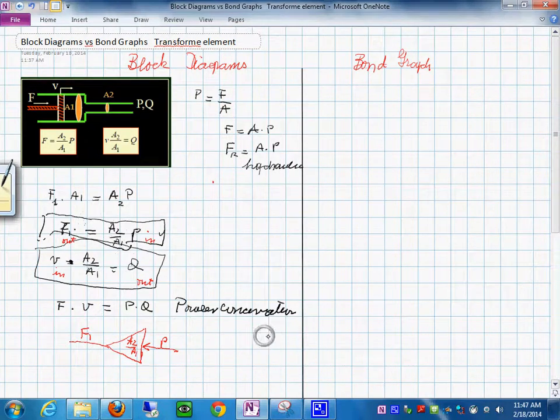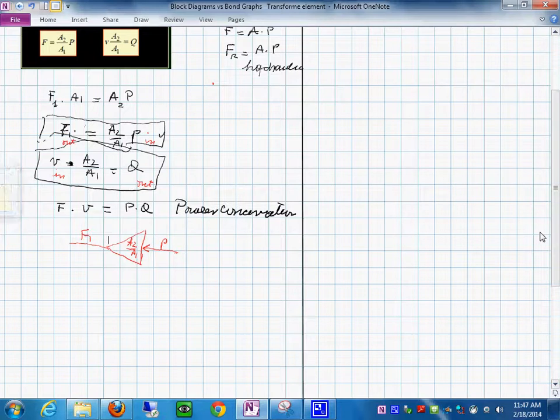That's this equation, but that is not the whole story. We need this one too.